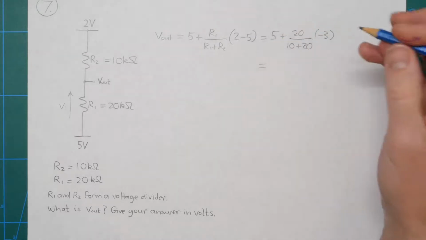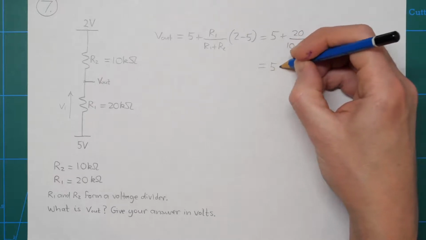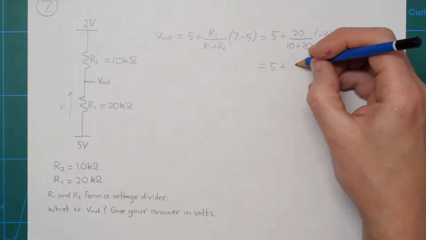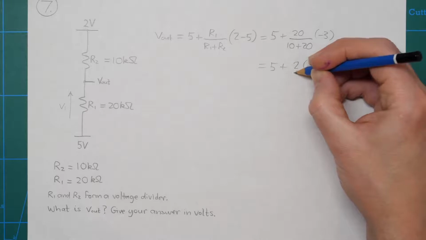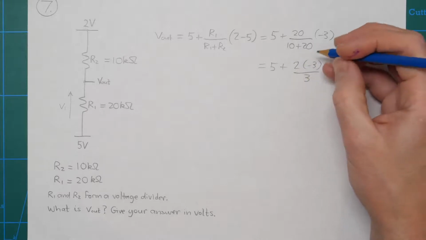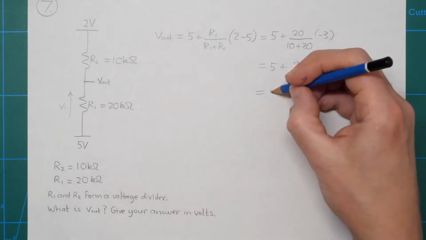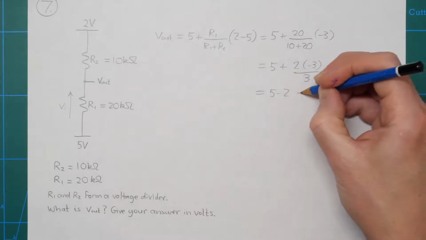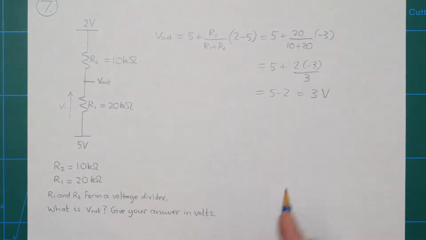So that is equal to 5 plus 2 times minus 3 over 3, which is 5 minus 2, which is 3. So Vout is equal to 3 volts.